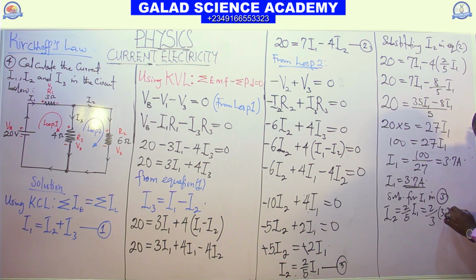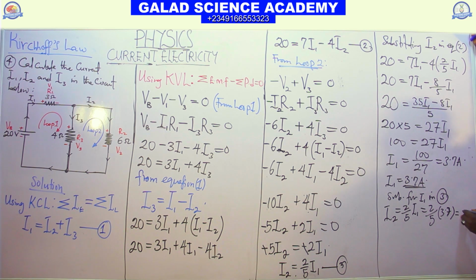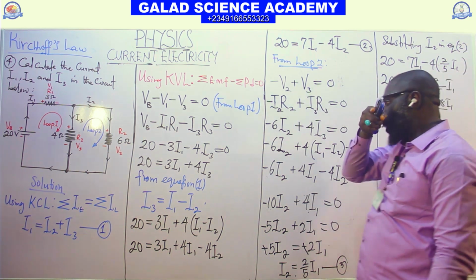It is 3.7 ampere. 2 times 3.7 divided by 5. Sorry. Oh God, what happened to me this evening? Divided by 5, yeah. 1.48 ampere, approximately. I2 will be 1.5 ampere. So, we are back to equation 1.